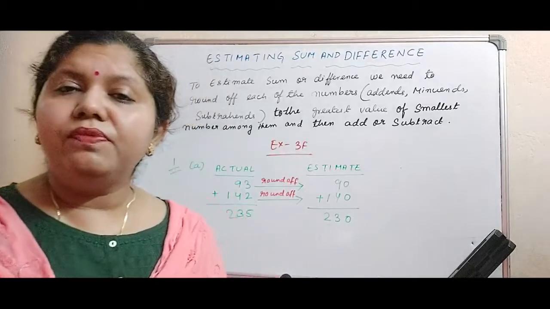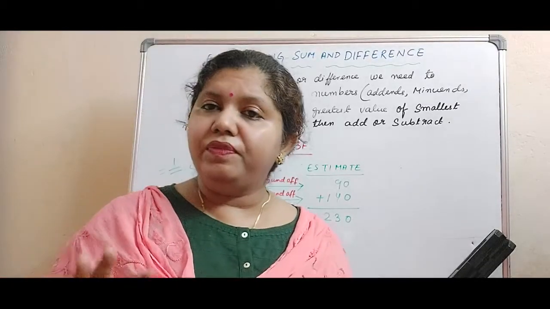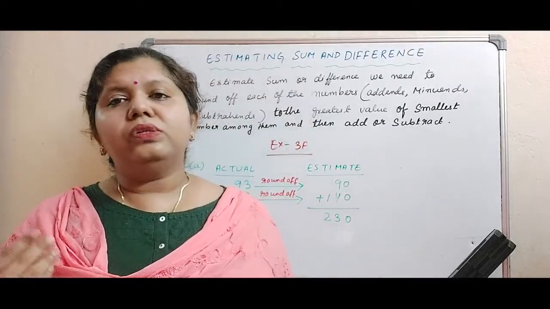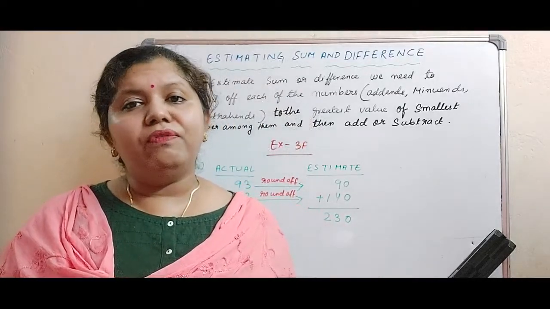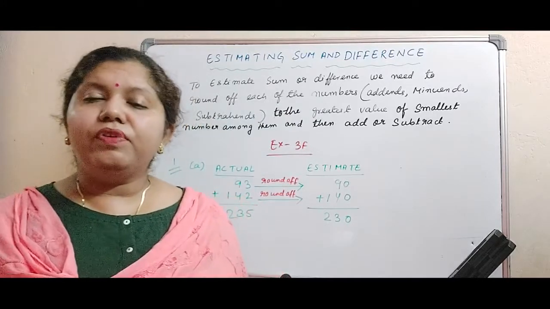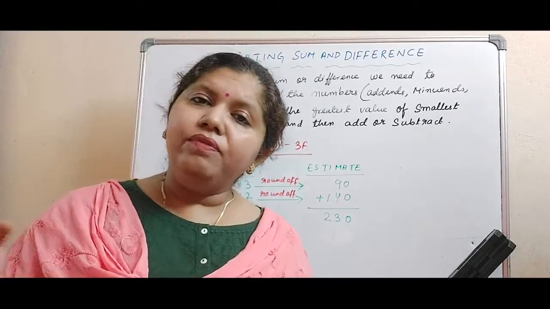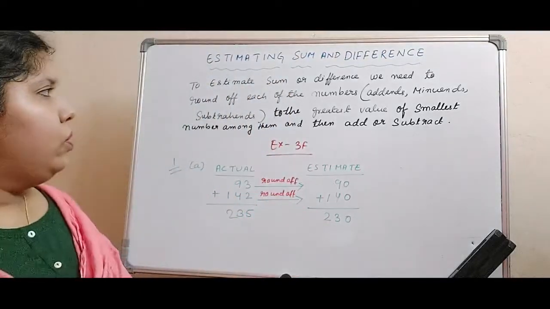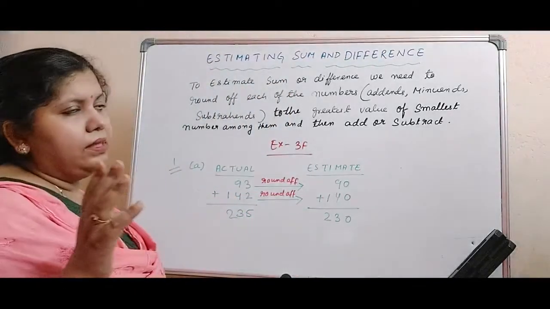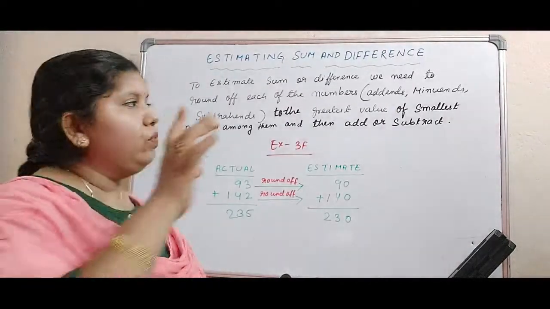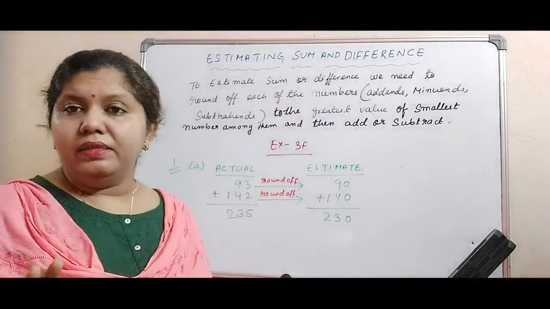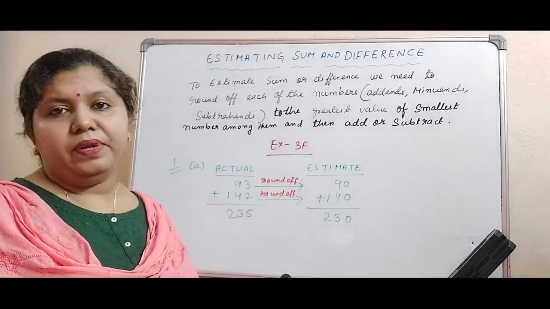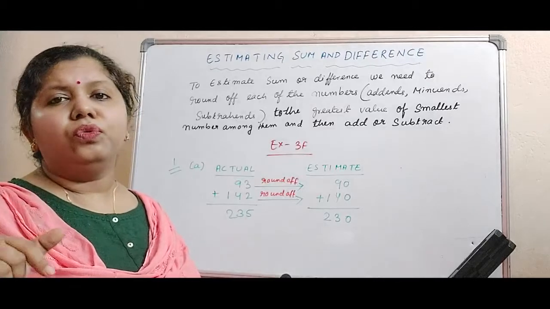Rounding of numbers we have already read in our previous class, how we round to tens place, hundreds place or thousands place. So first we do the rounding and then we do the estimation. In case of sum, you think about addends, and in subtraction there are two things, the minuend and the subtrahend. There you have to round individually.